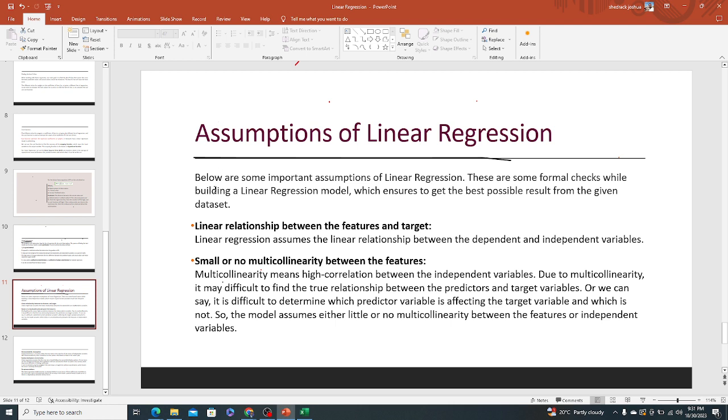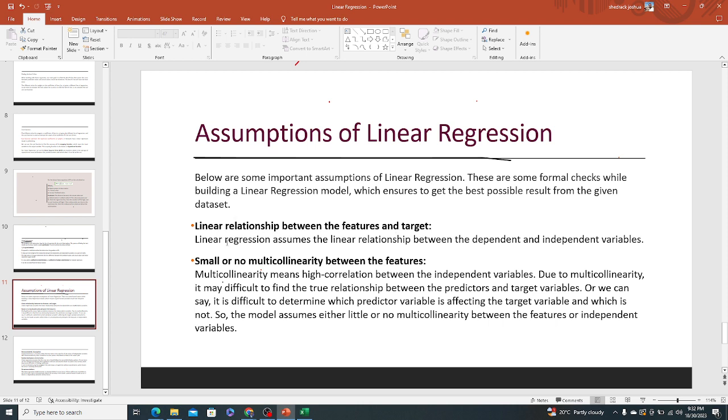Anyway, let's check on this. Below are some important assumptions of linear regression. These are some formal checks while building a linear regression model, which ensure we get the best possible result from the given dataset. First, a linear relationship between the features and target.